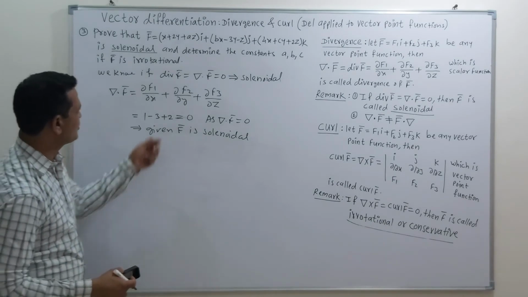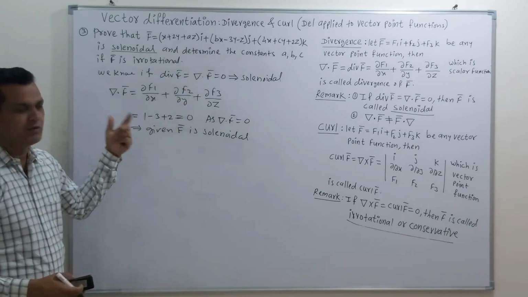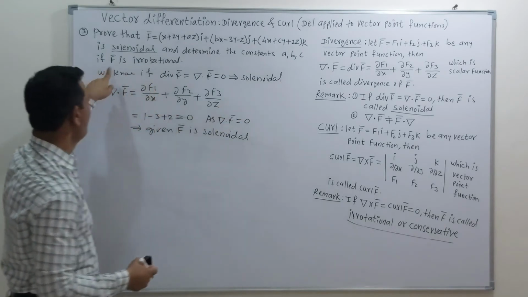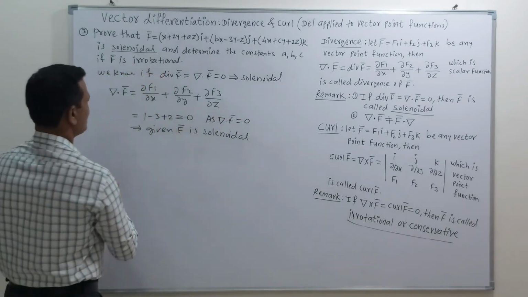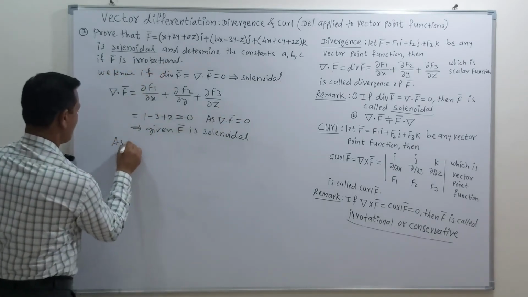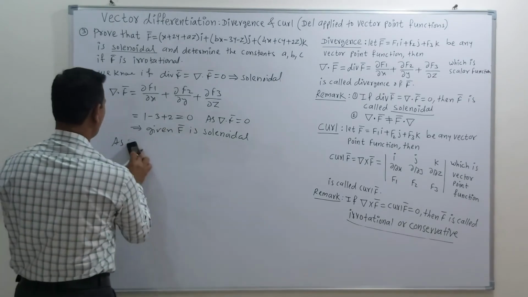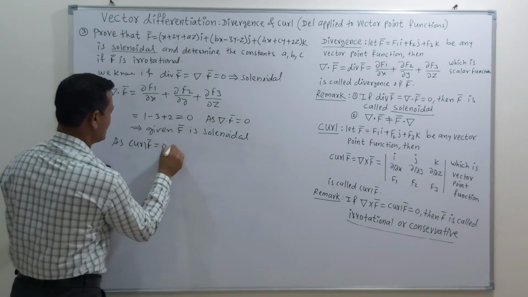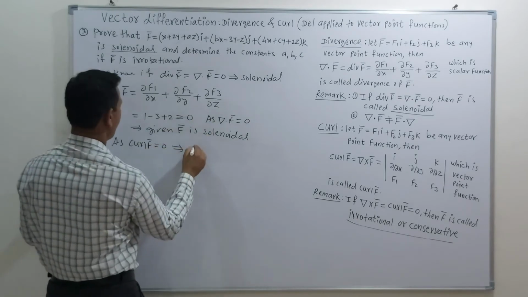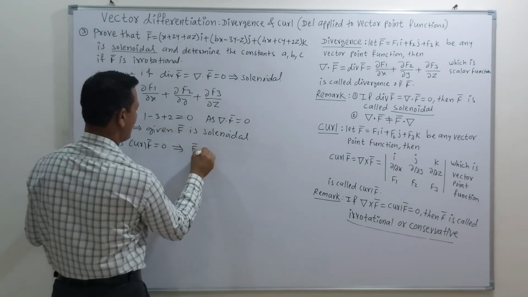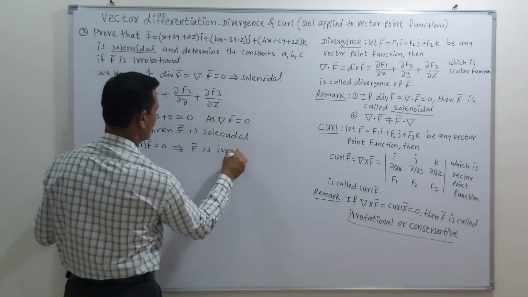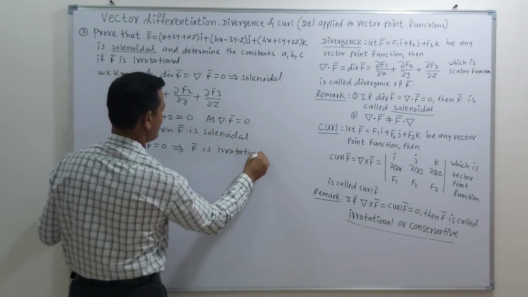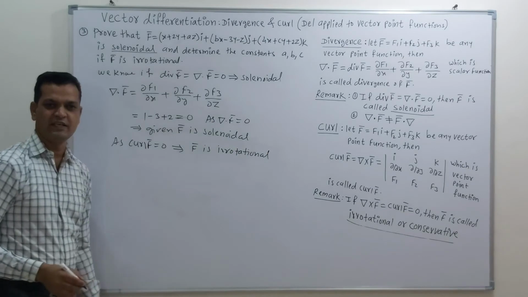Now our aim is to find the value of constants a, b, c when f bar is irrotational. Let's try to show that the curl of f bar is equal to 0. So this implies that the vector field f bar is irrotational.